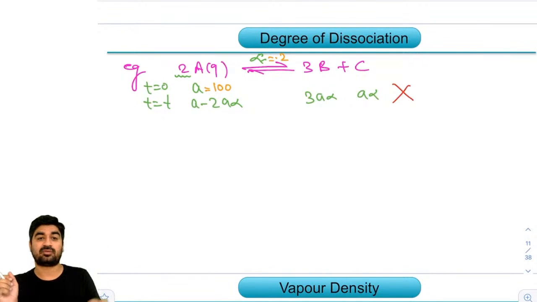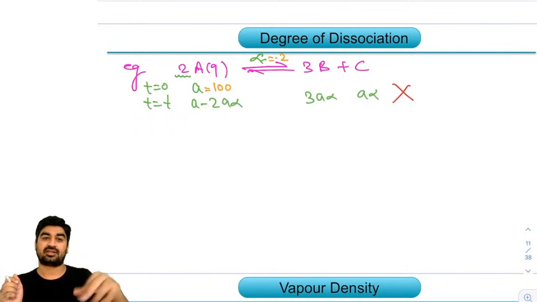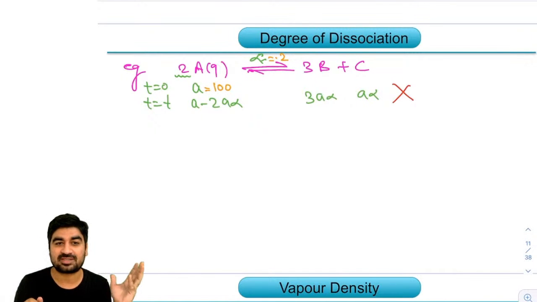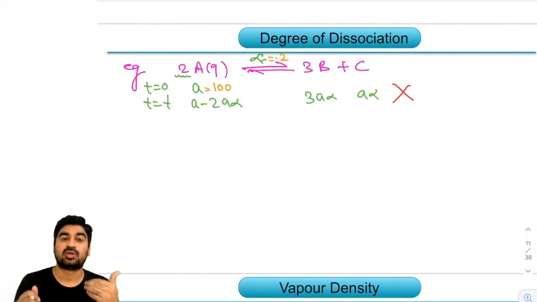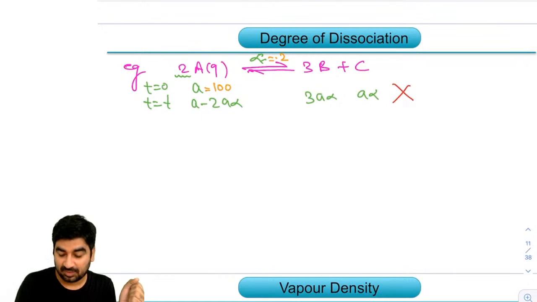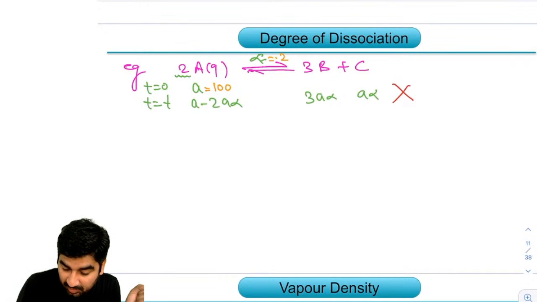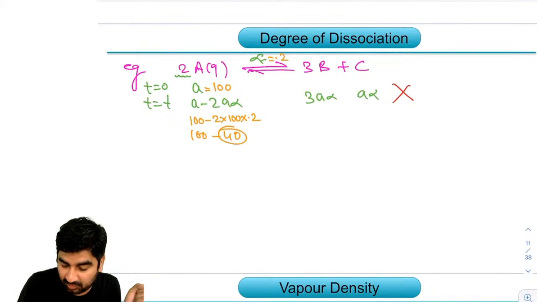It means out of 100, 20% A will dissociate. So 100 minus 20 should be there. But if you are writing 2 into 100 into 0.2, it will be 100 minus 40.